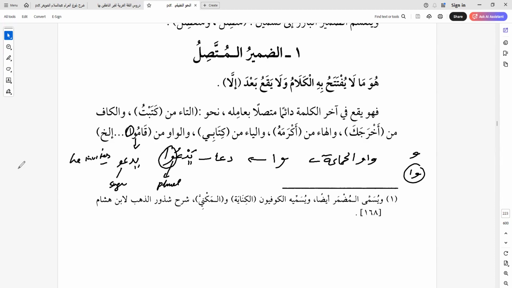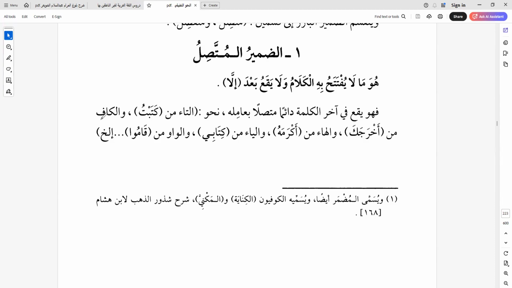So qamu, they stood up. They. So you see that in Arabic. This damir is here. So wa, this is waw al-jama'ah. And it's the fa'il. Ila akhirihi means etc.